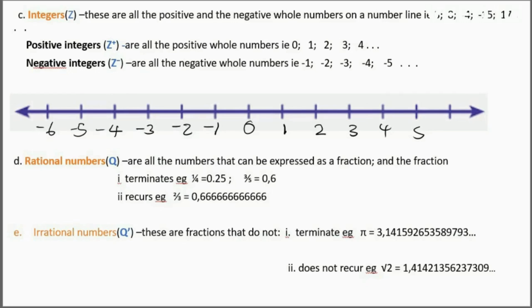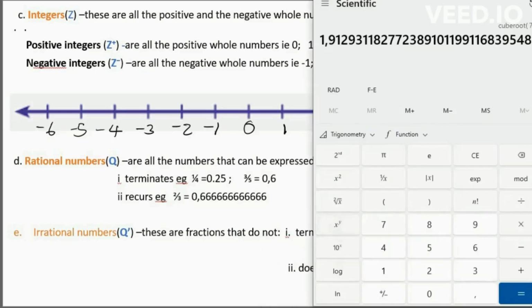Right? The fourth group of real numbers are rational numbers, denoted by the capital letter Q. Rational numbers are all the numbers that can be represented as a fraction. And the fraction must terminate. For example, a quarter. If you punch a quarter on your calculator, you will find out that it will give you 0.25.